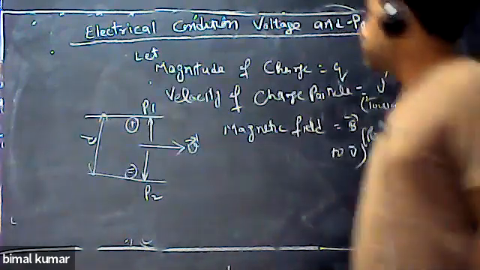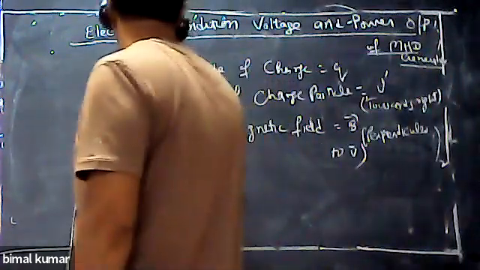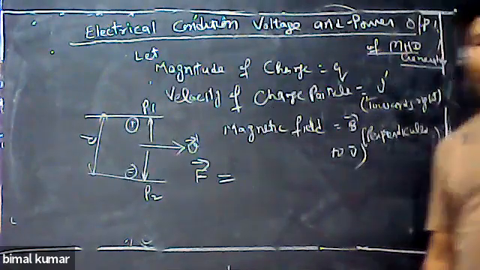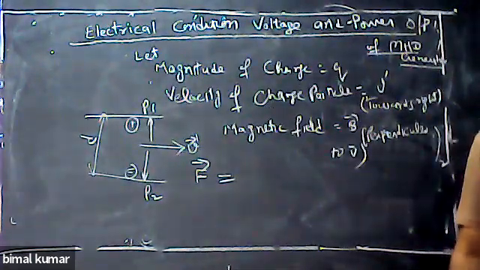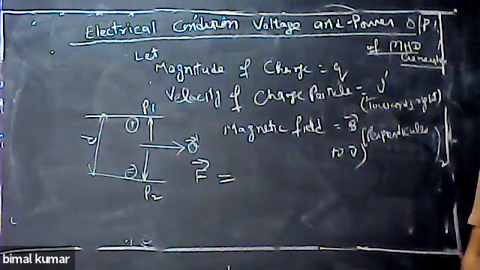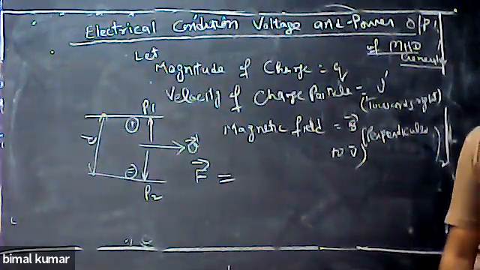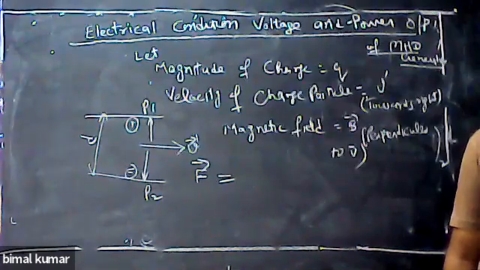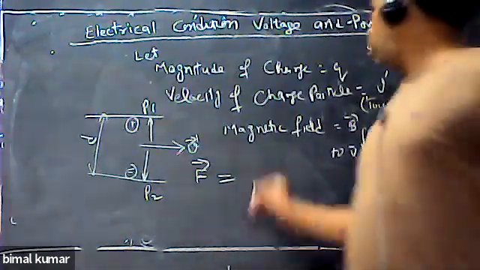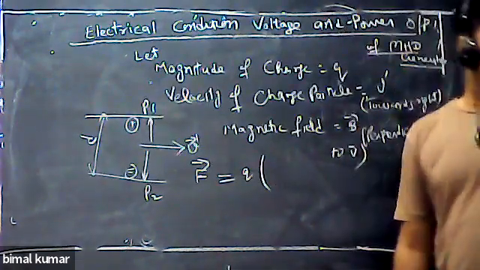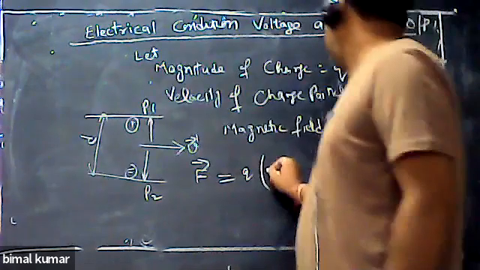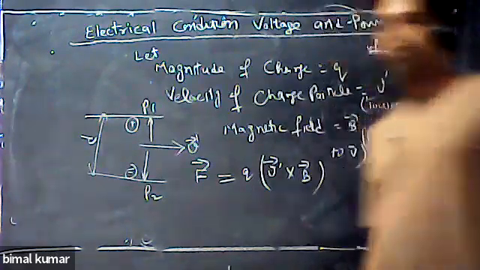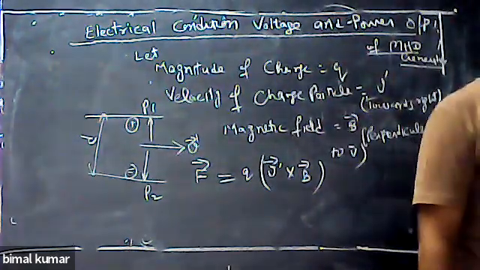So due to this, a force comes into action, and that force will be given, as per the Lorentz force, by F is equal to Q into V cross B in vector form.